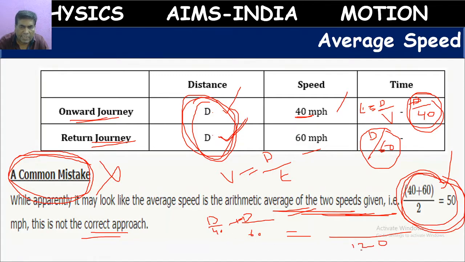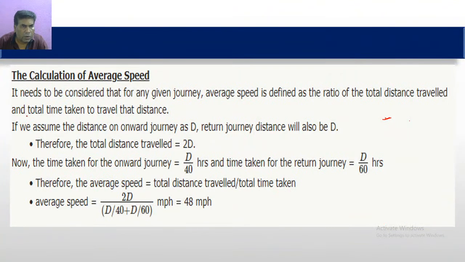For 40 and 60, the LCM is 120. 40 threes are 120, 3 into d, 3d. 60 twos are 120, 2 into d, 2d. 3d plus 2d, 5d by 120. After cancellation, total time is d by 24.